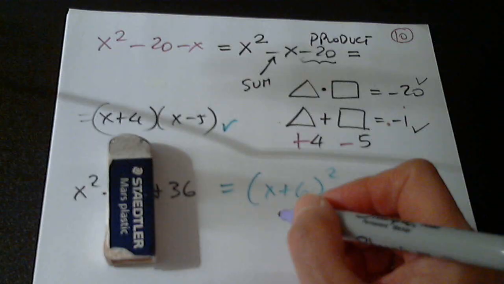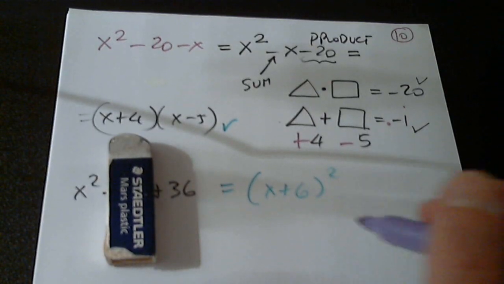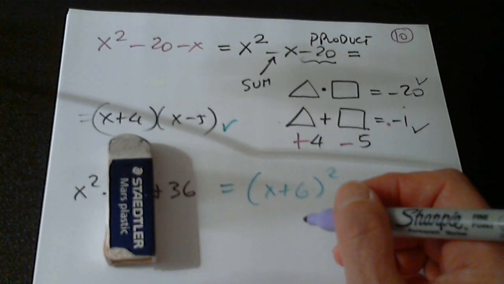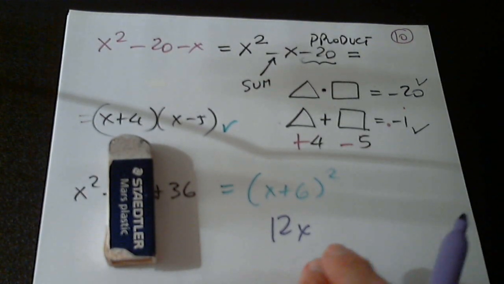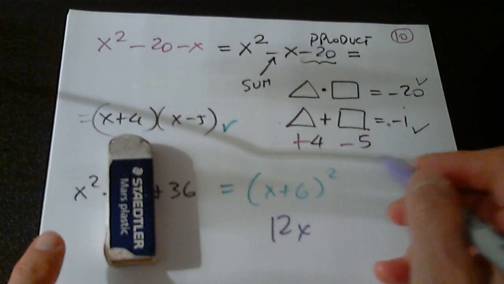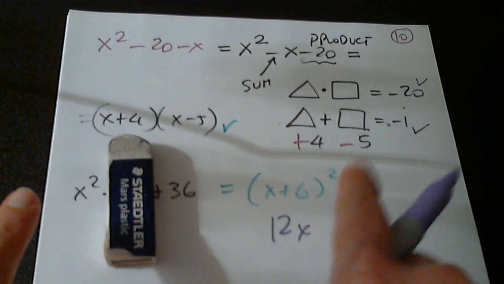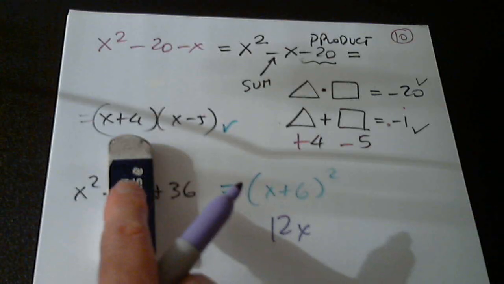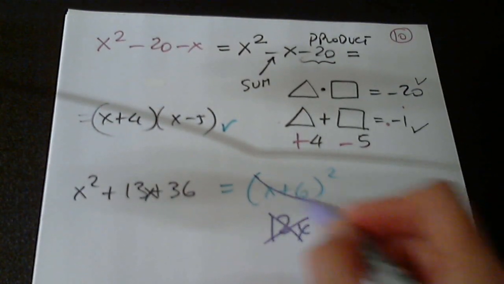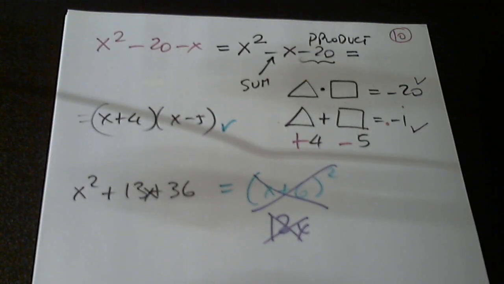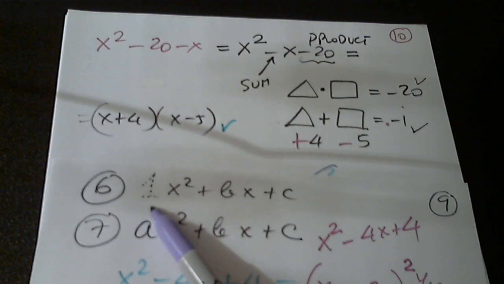What is the middle term here? 12x. If this is the same here, I'll say yes. If it's not the same here, I'll say absolutely not. Absolutely not. So I go back to my drawing board.